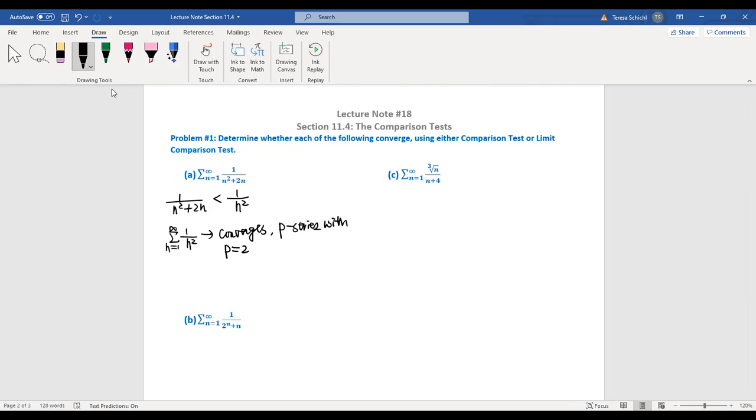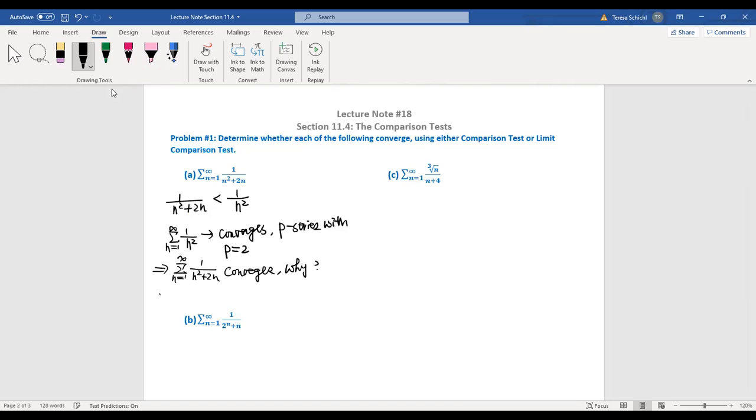So if it's less than, then I know the summation n from 1 to infinity of 1 over n squared converges here, right? Why?